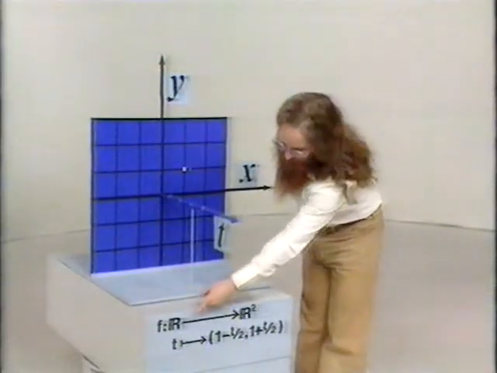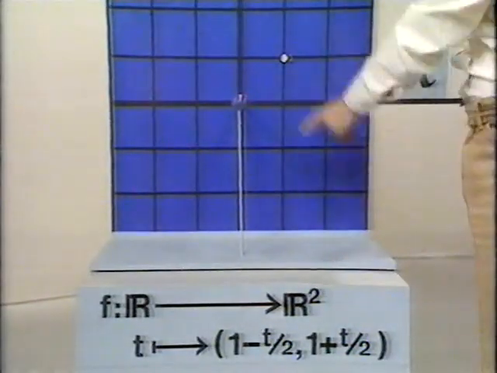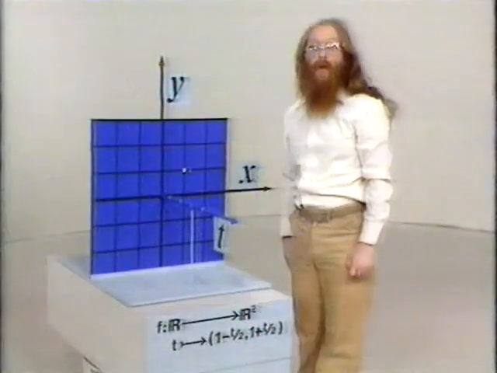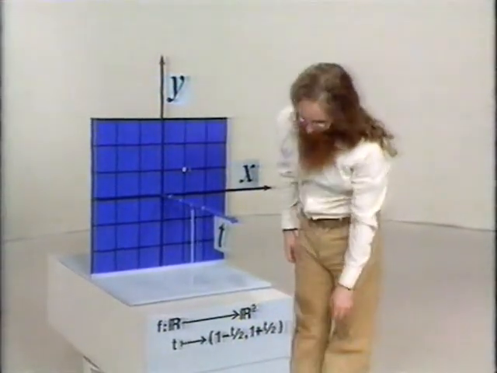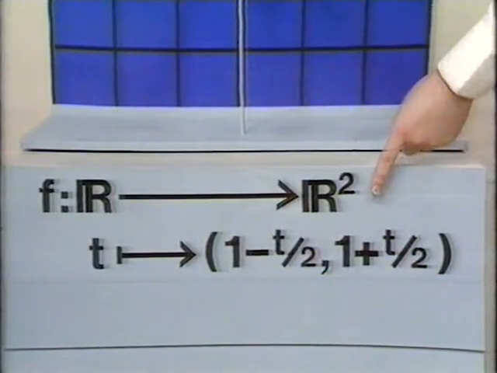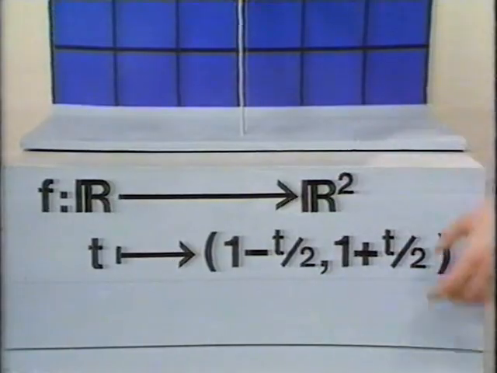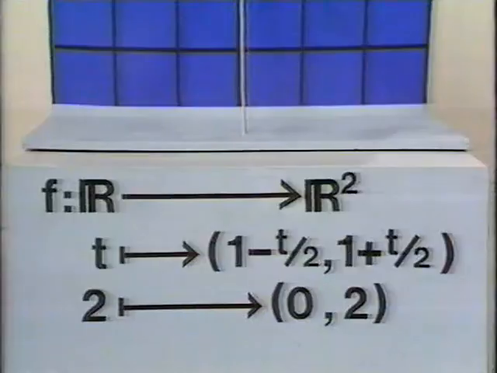You see, 0 maps to the point 1, 1. So here's 1, 1. Well, what about other values of t? Say t equals 2. Well, we'll get 0 for the first coordinate, and we'll get 2 for the second coordinate. So 2 maps to the point 0, 2.